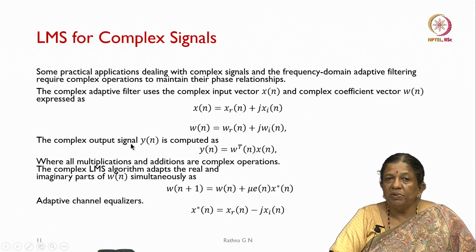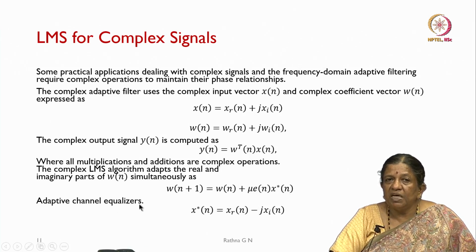Then we know that the complex output signal y of n is computed as w transpose of n into x of n, where all multiplications and additions are complex operations. So the complex LMS algorithm adapts the real and imaginary parts of w of n simultaneously in this fashion: w of n plus 1 equals w of n plus mu e of n into x conjugate of n.